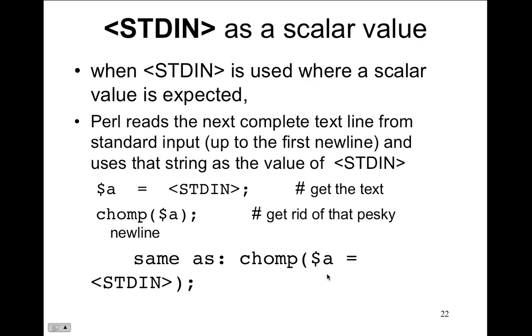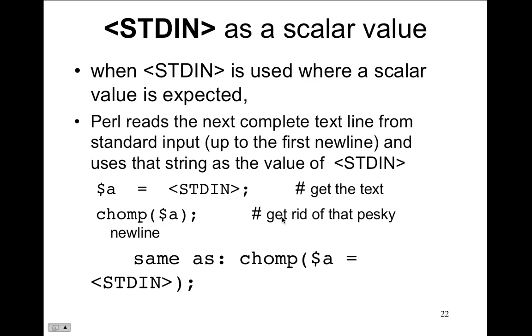So when standard input is used where a scalar value is expected, Perl reads the next complete text line from the standard input up to the first newline, and then uses the string as the value of the standard input. So $a is going to be the standard input, get the text.